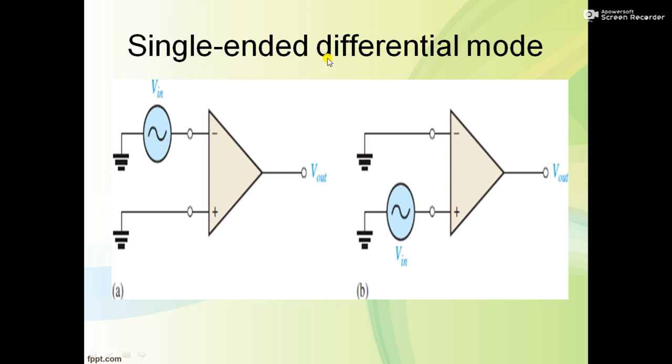See here, in the single-ended differential mode, according to the two terminals, we are applying Vin only to the negative terminal of the op-amp, and this type of circuit is called an inverting amplifier circuit. Similarly, if you apply Vin to the positive terminal, this type of circuit is called the non-inverting amplifier circuit.